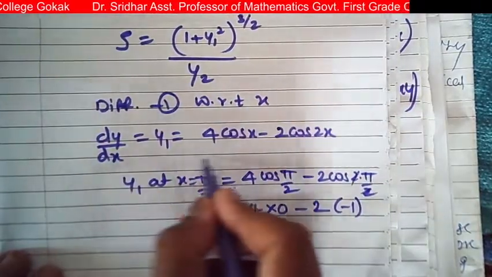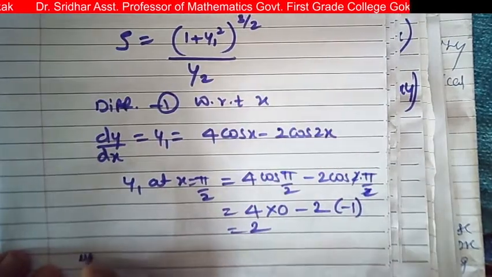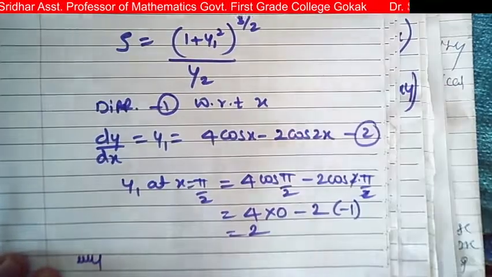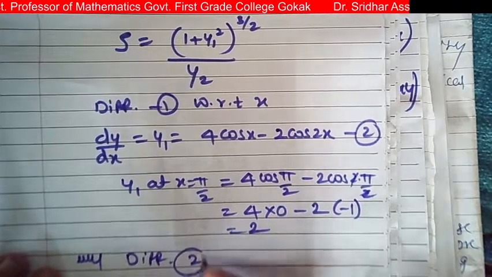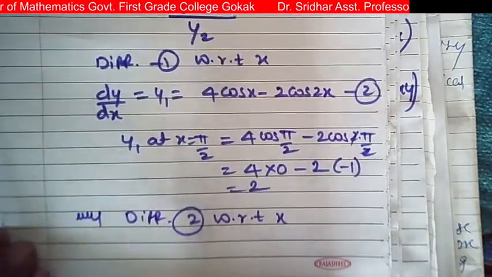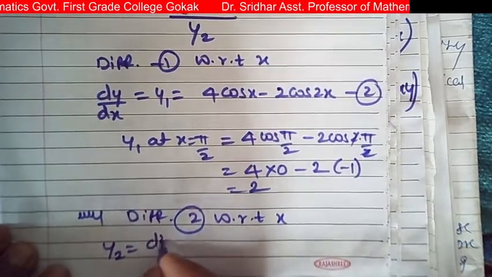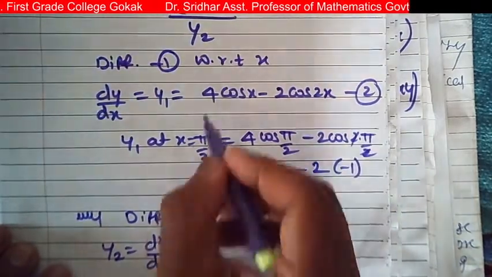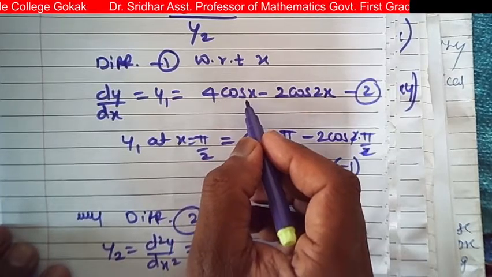Next we find y2. This is equation 2, and now differentiating 2 with respect to x, we obtain y2, that is d square y by dx square, which is equal to minus 4 sin x, since the differentiation of cos x is minus sin x.